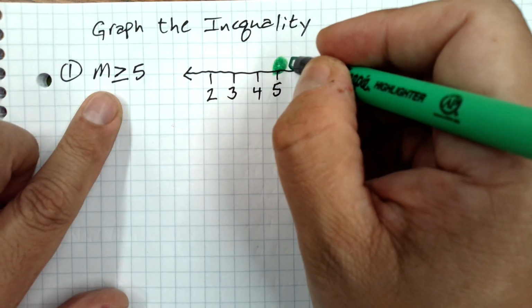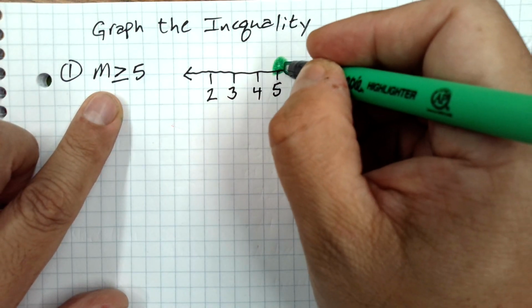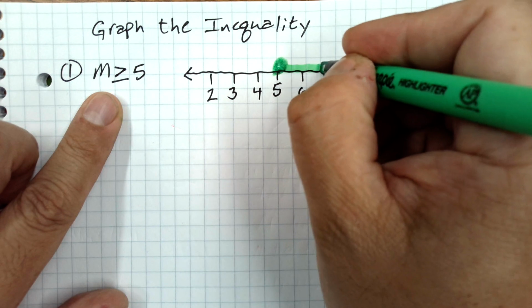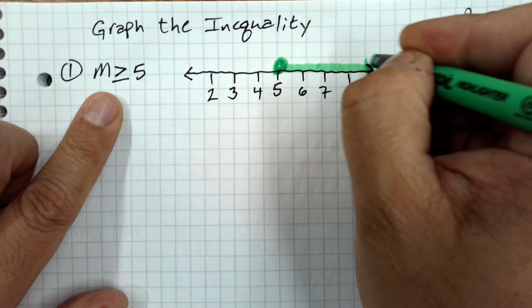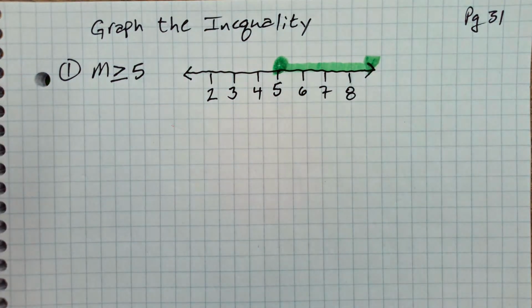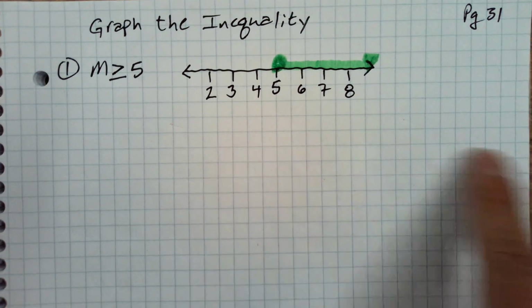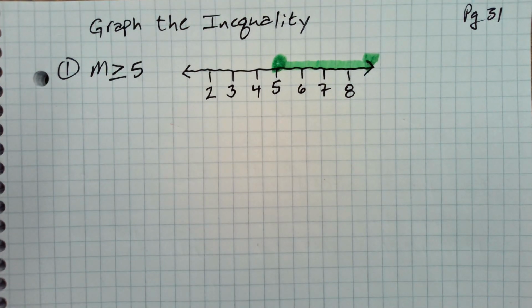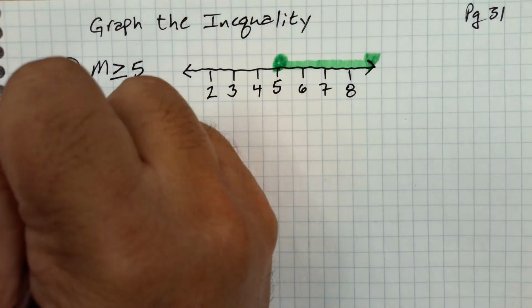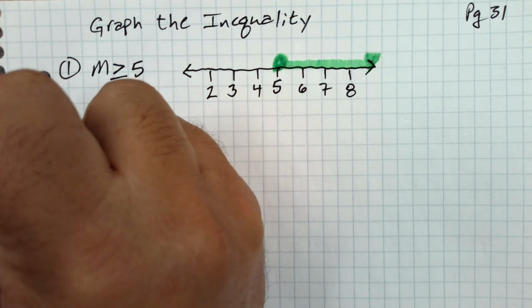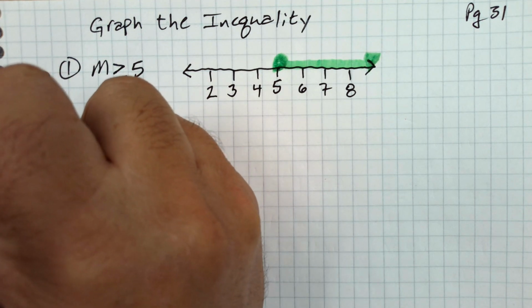We want all numbers bigger than 5. So they would go this way. And we're done. Okay, this is going to tell me all numbers bigger than 5. How are we doing? Any questions? Okay. The only thing that would make it a little tricky is the following.